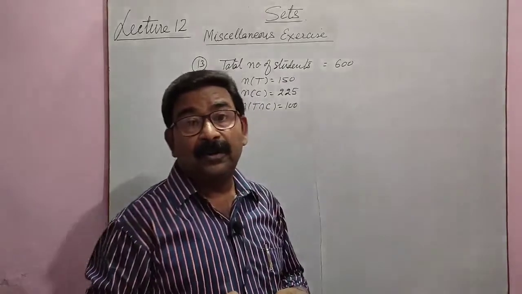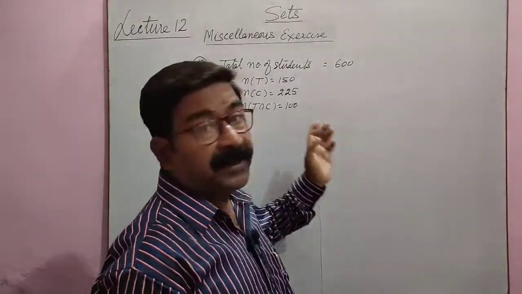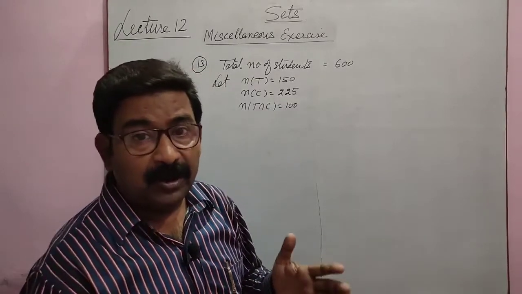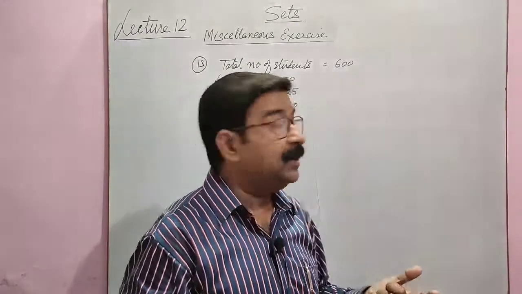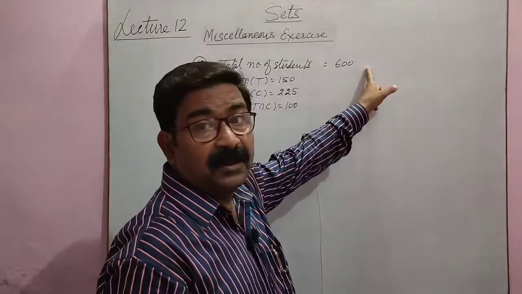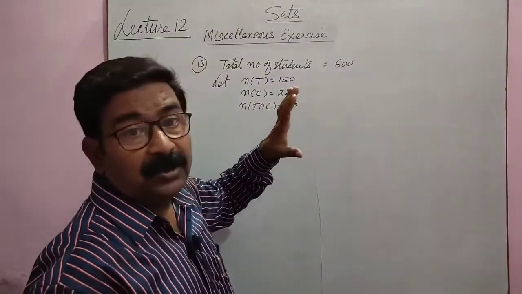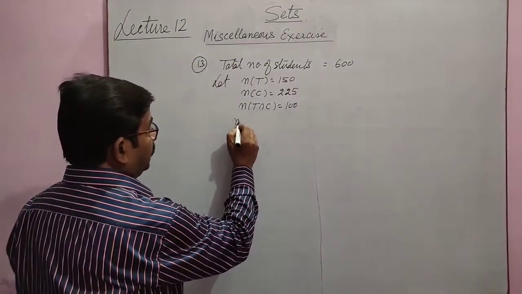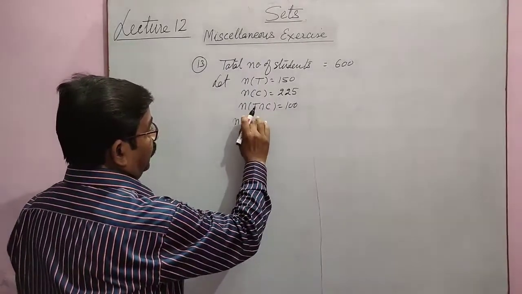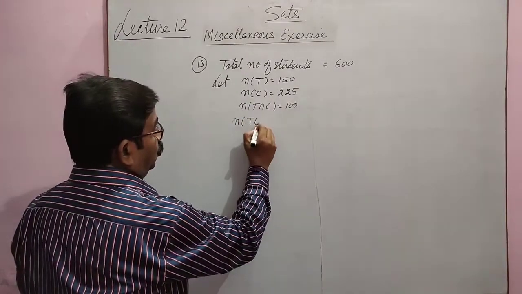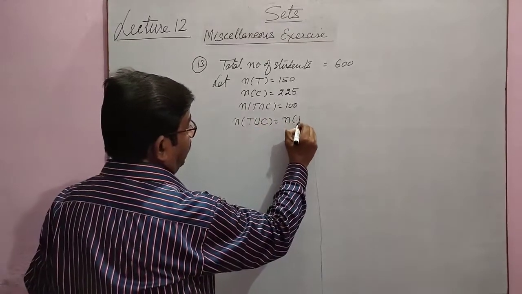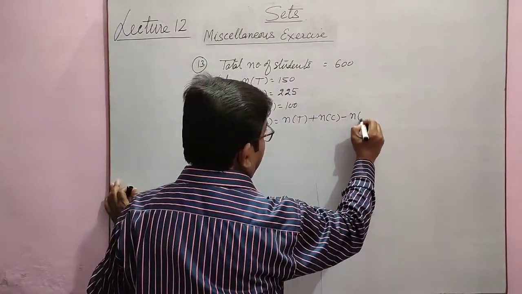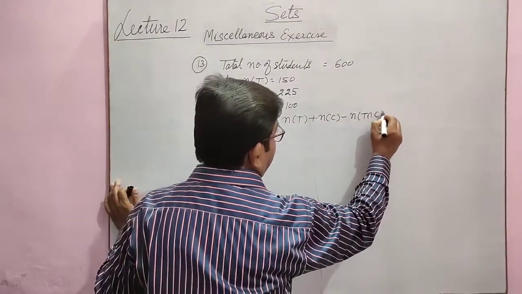So we will find how many students are taking either tea or coffee, means the union of the sets. After getting the union of the sets, we will find the complement. This is the universal set. 600 is the universal set. So after finding the union of the sets, we will subtract. So let n(T union C) be equal to n(T) plus n(C) minus n(T intersection C).